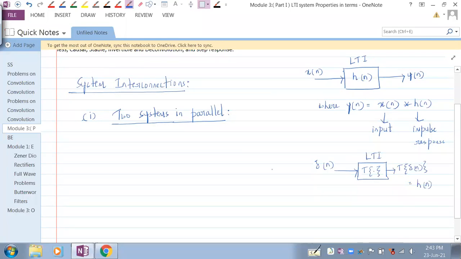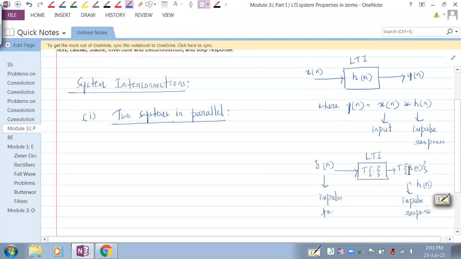This is the unit impulse function. This is the unit impulse response. So every LTI system is identified by its impulse response, how it responds to the impulse function. That is the characteristic of an LTI system. Every LTI system has got a unique h of n. So if you know h of n, then by convolving the input with h of n, you will get the output. So that is what one needs to understand. This is the prerequisite, something that one should know.